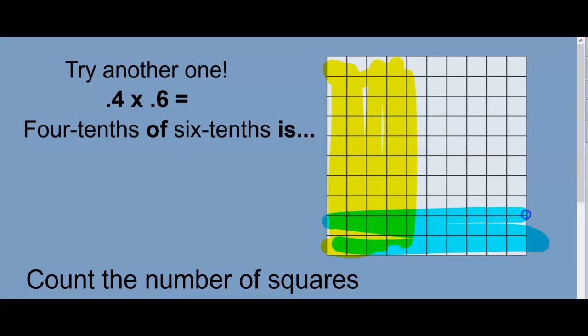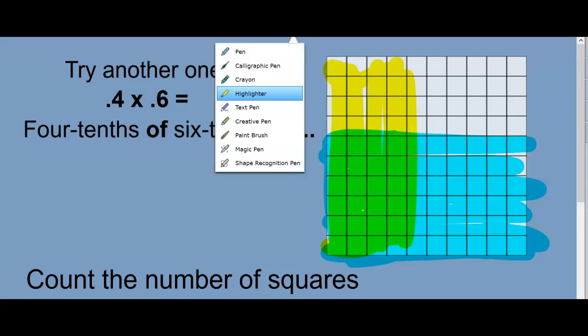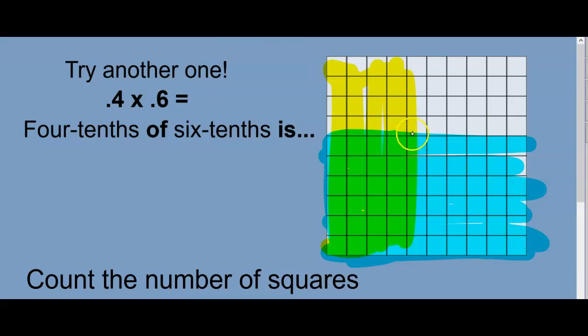So 1, 2, 3, 4, 5, 6. This whole part here that turns green should be 24 out of 100, okay, because that's 4/10 of 6/10. This space right in here that's green would be 24 out of 100. So we had 24, and then we had our decimal point there as 0.24. So it's that piece of a piece.